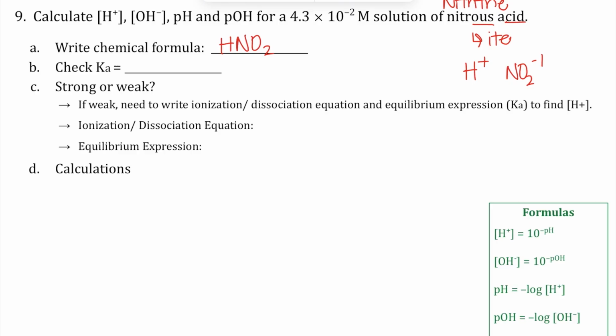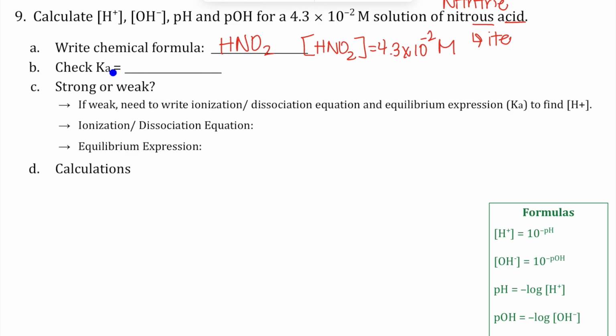Next step is I have the concentration. So we have that the concentration of that HNO2 is 4.3 times 10 to the negative 2 molar. I have that piece of information. If this is strong, I know that's the concentration of hydrogens, but if it's weak, I don't know that.